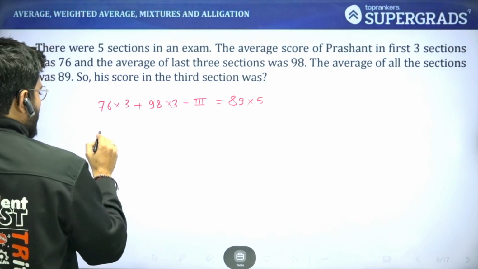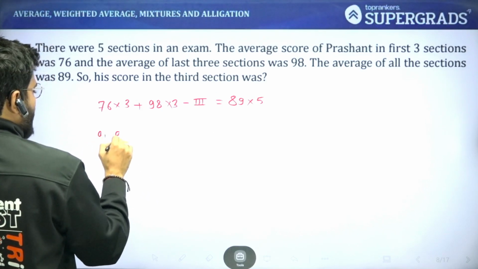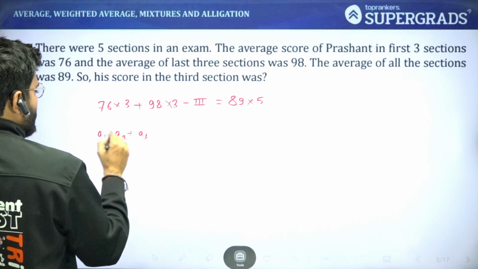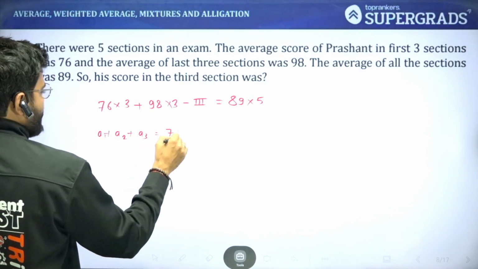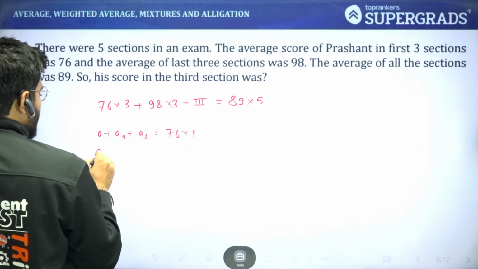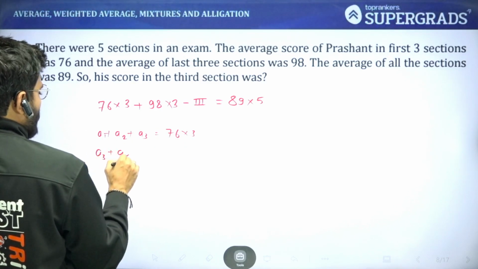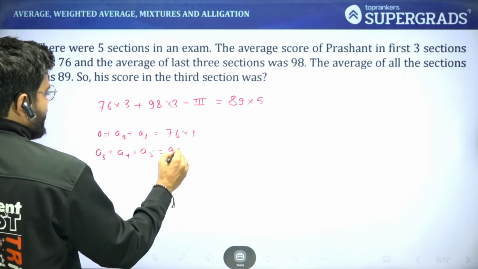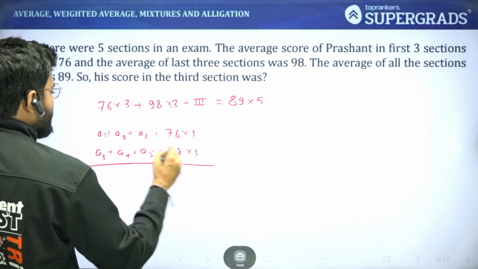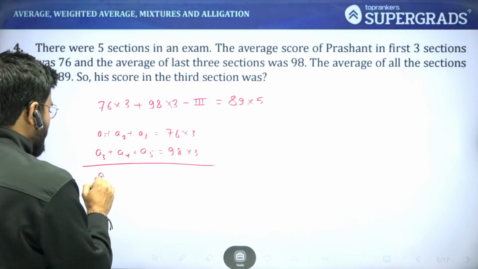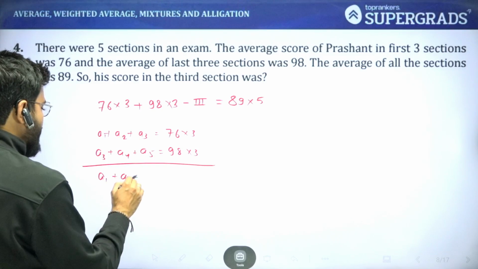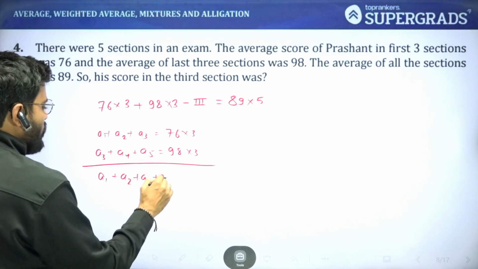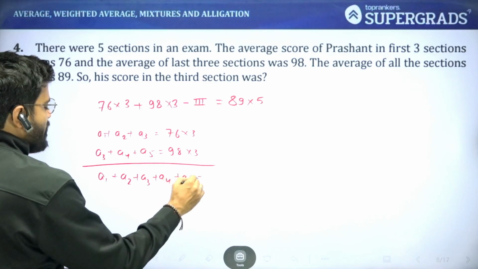5 sections. Why? Because A1, A2, A3. The sum of these 3 sections is 76 into 3. Then A3, A4, and A5. The sum of these 3 sections is 98 into 3. If I add these two, what do I get? A1 plus A2 plus A3 plus A4 plus A5 plus A3.